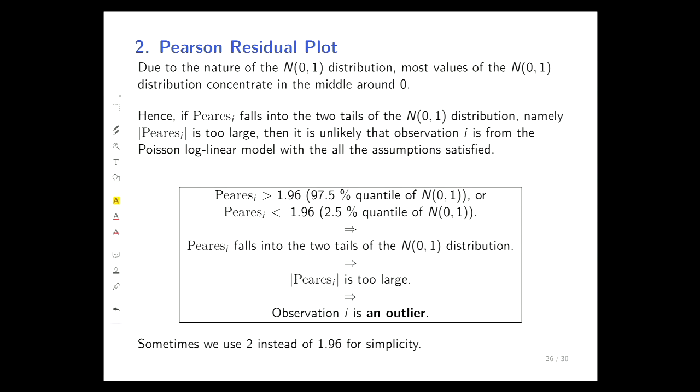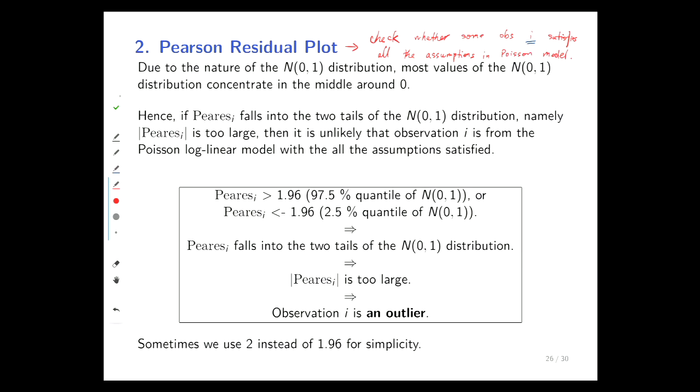So here, this Pearson residual plot is used to check whether some observation i satisfies all the conditions, all the assumptions actually, in the Poisson model.